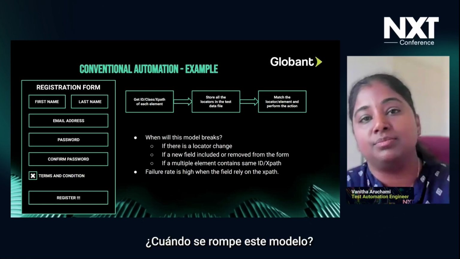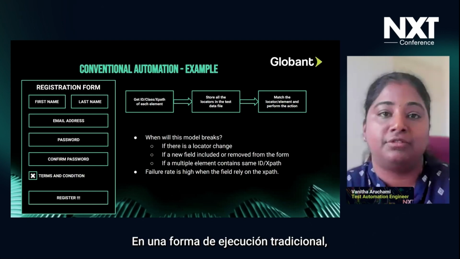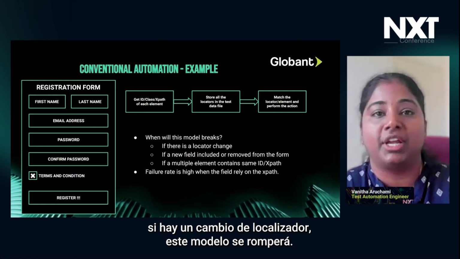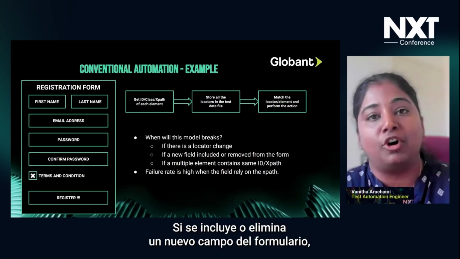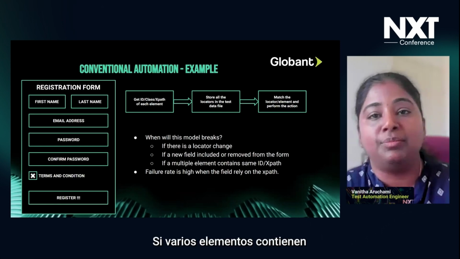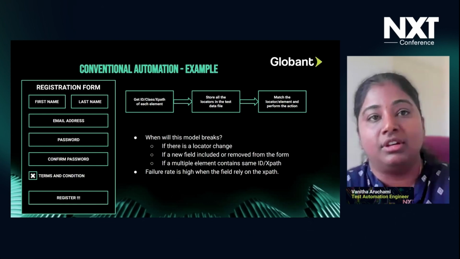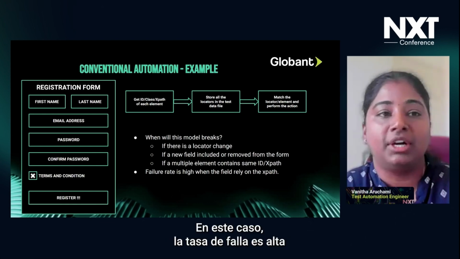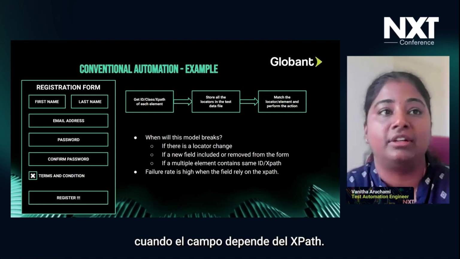When this model breaks in the traditional way of execution: if there is a locator change, this model will break. If a new field is included or removed from the form, this model will break. Of course, if multiple elements contain the same ID or XPath, this process will break. So in this case, the failure rate is high when a field relies on an XPath.